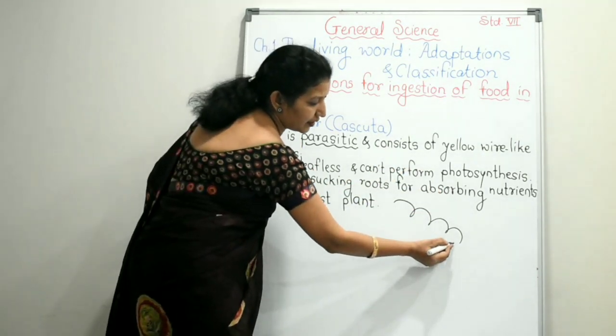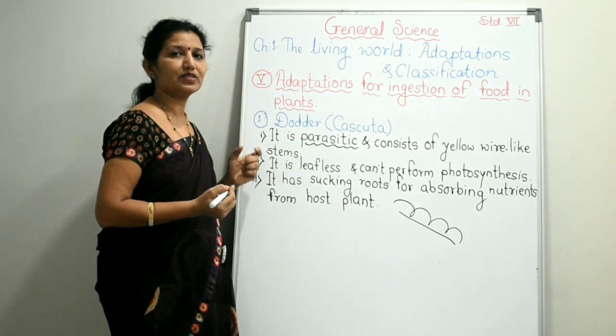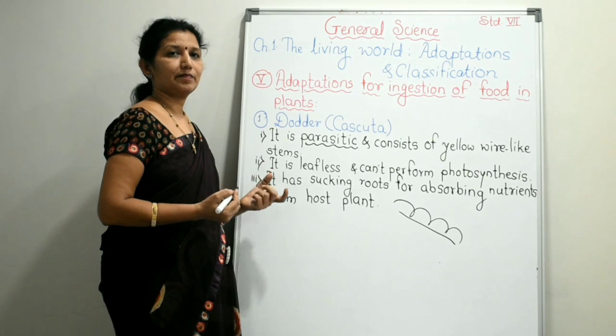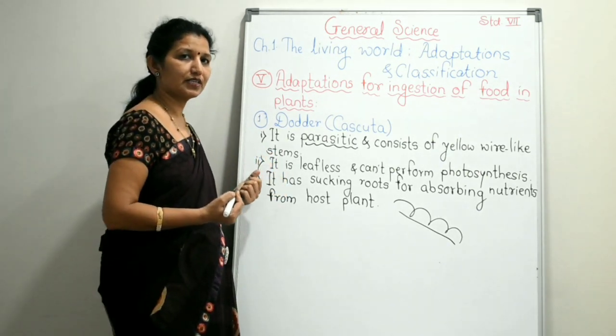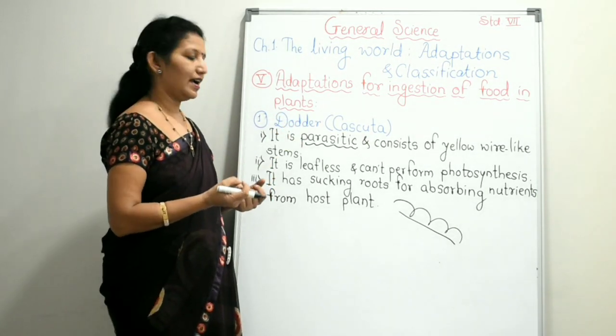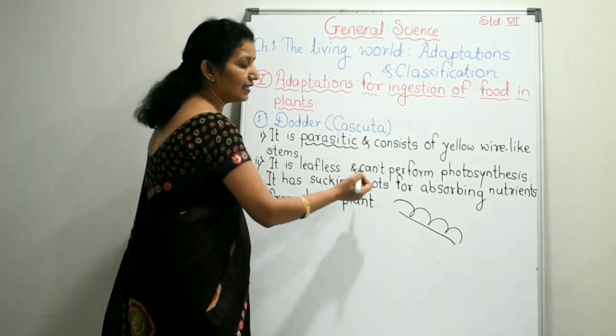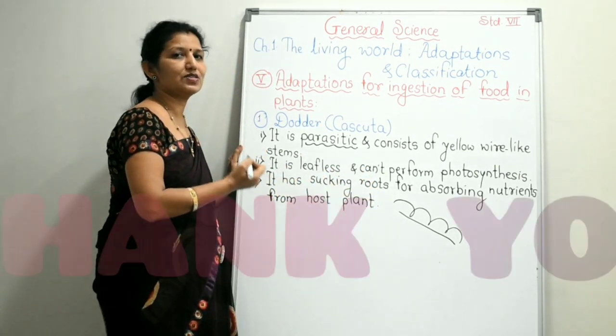It gets nutrients from the host plant because it remains dependent on the host plant for its nutrition. That's why it has to absorb nutrients from that plant by sucking, and that's why it has sucking roots called haustorial roots.